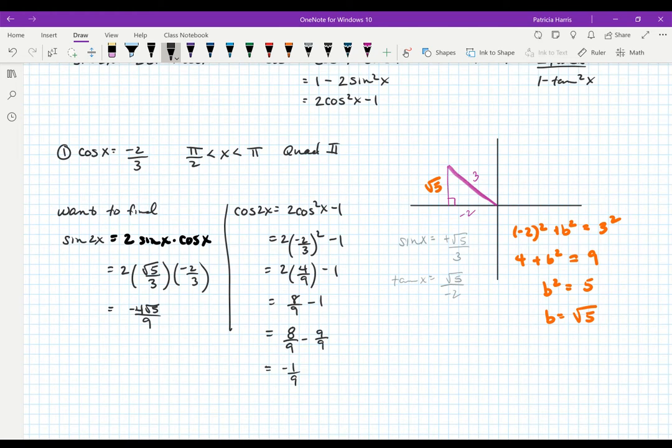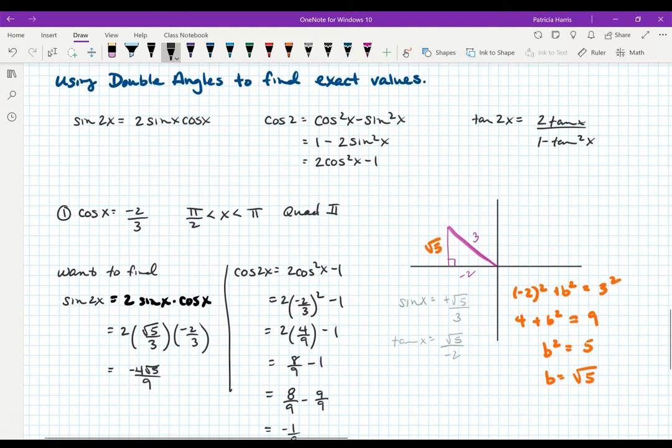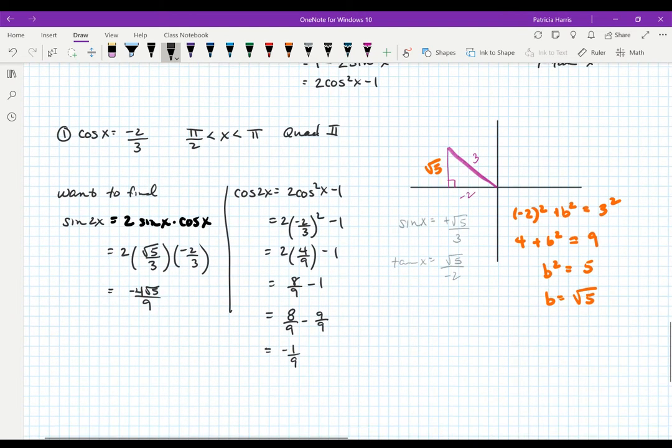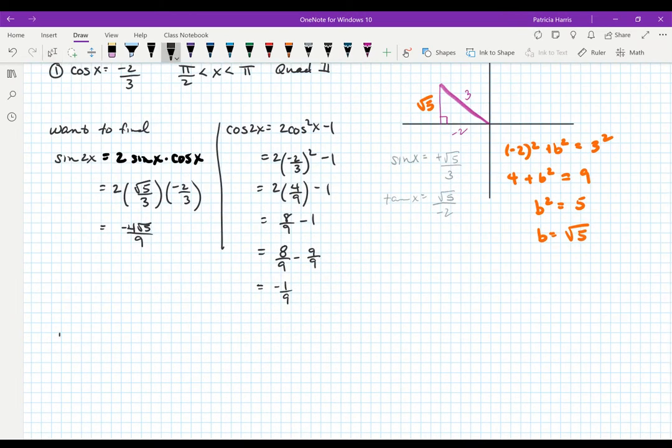Now tangent is an interesting function, so we're going to do a little experiment while we have you here. Tangent of 2x is 2 tangent x over 1 minus tangent squared x. So I'm going to go ahead and use that formula. So 2 radical 5 over negative 2, over 1 minus radical 5 over negative 2, squared.